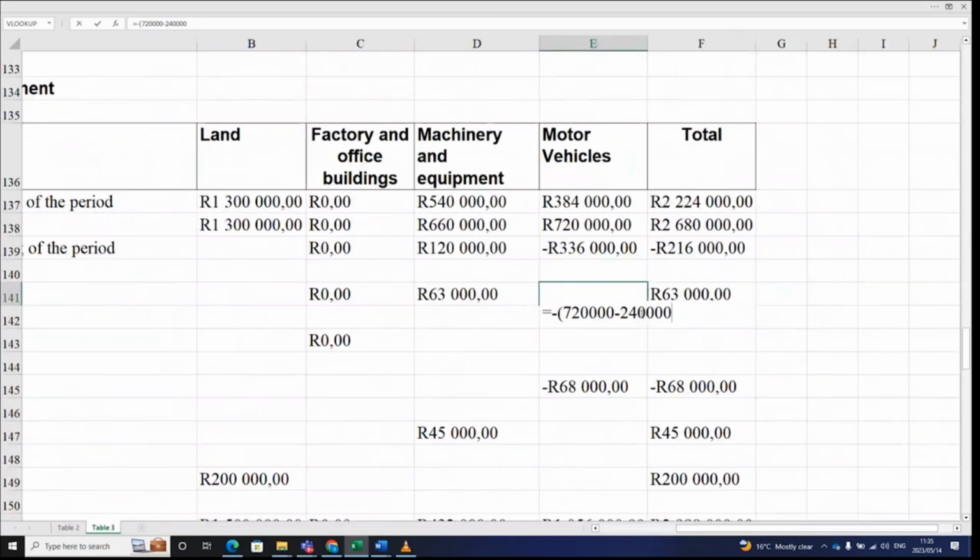Okay. Then multiply that by 20%. Okay. So that's the depreciation of the remaining assets for the current year.